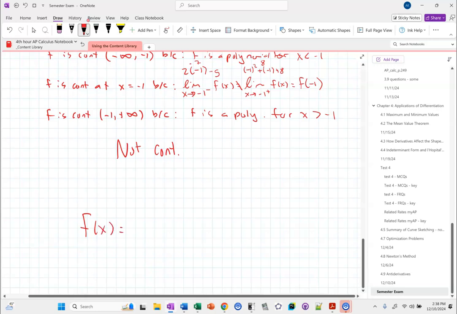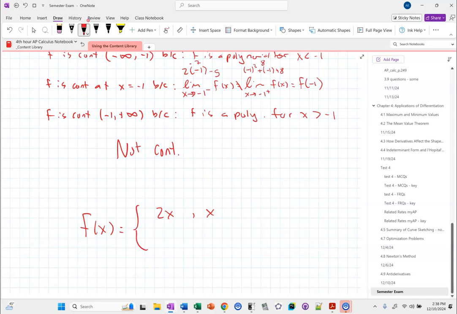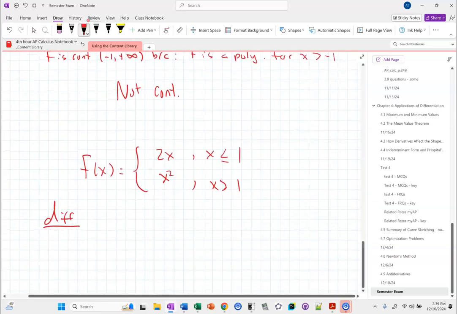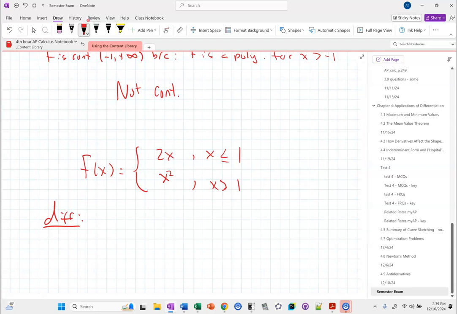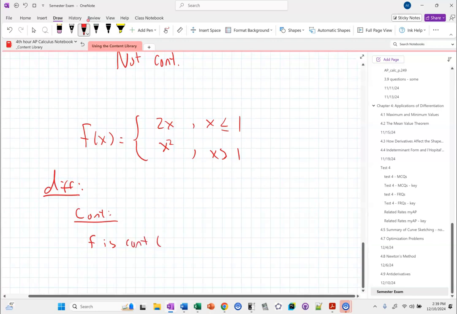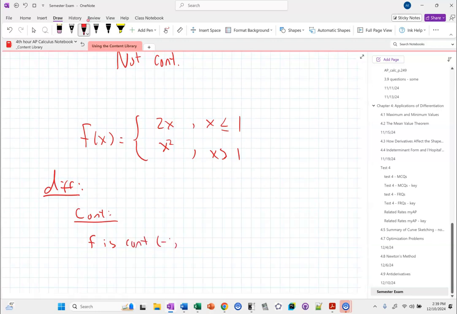Let's take another one. So if I want to say this is differentiable, first I have to check continuity. Why is it continuous from negative infinity to 1?